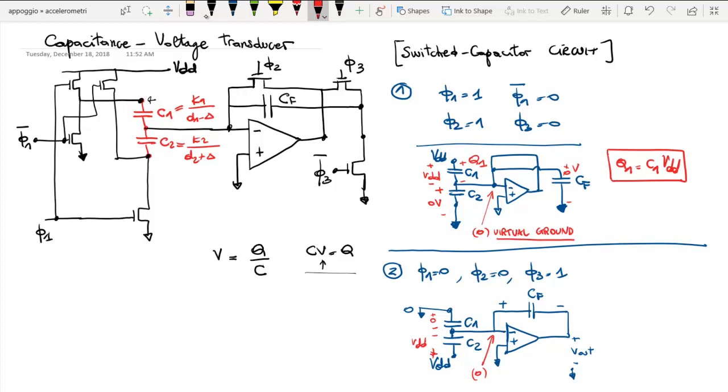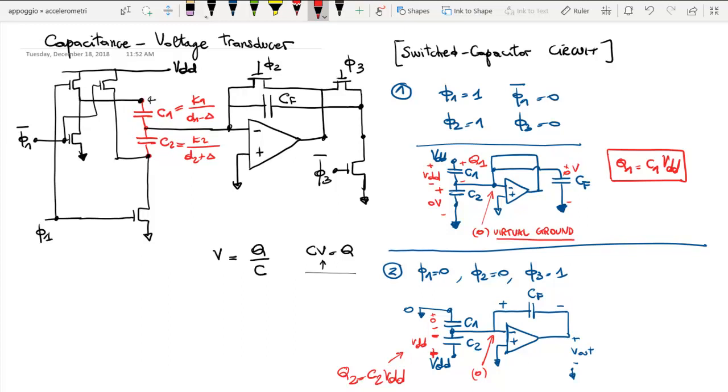We consider this positive and this negative. Now, we have a charge on C2, which is Q2, that is equal to C2 times VDD. Okay? This is, let's say, the easy part.